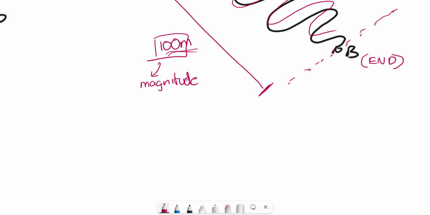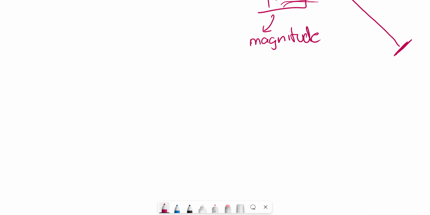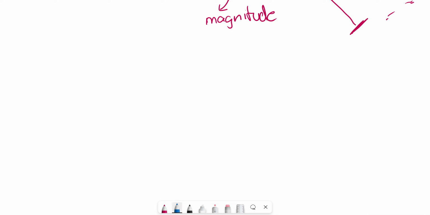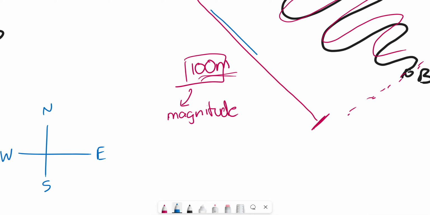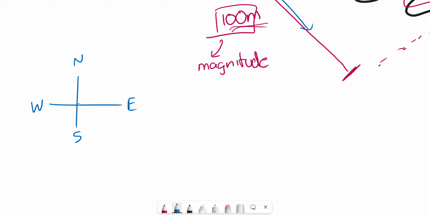So now we've got magnitude, we need to find the direction. In this case, we can just make it up. Let's use our direction units. It can be north, never eat shredded wheat. Right. The direction in here is going from there to there, like that, right? It's southeast. Okay.